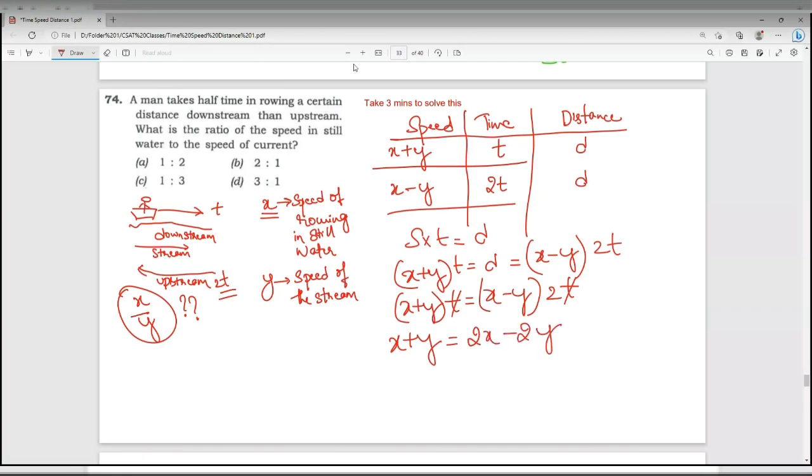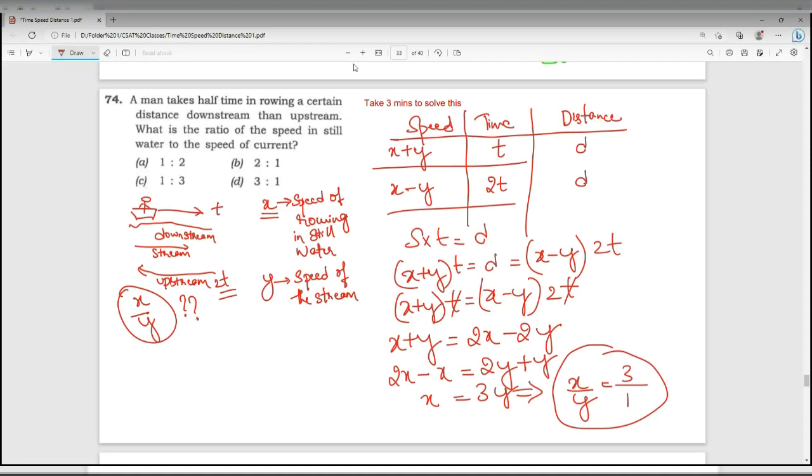Now if x goes this side, it becomes 2x minus x is equal to 2y plus y. This is x, this is 3y, and this implies x by y is equal to 3 by 1. This is the answer, and the correct option is D.